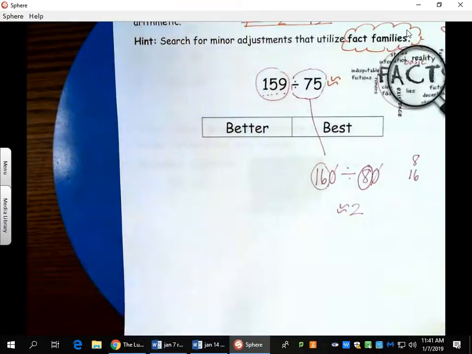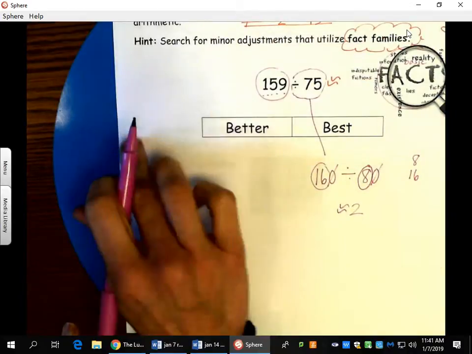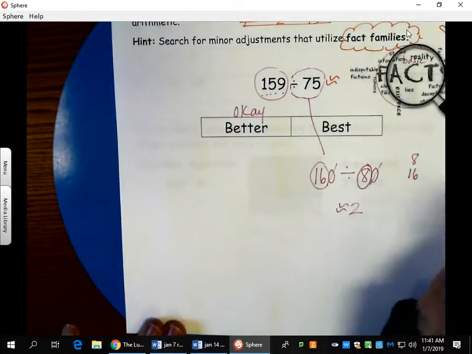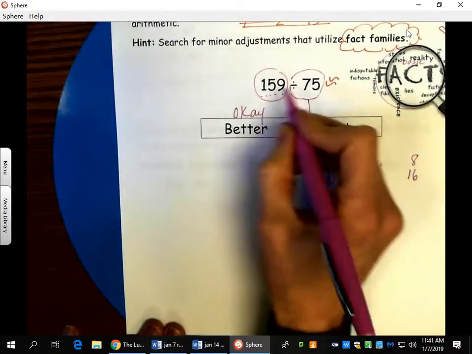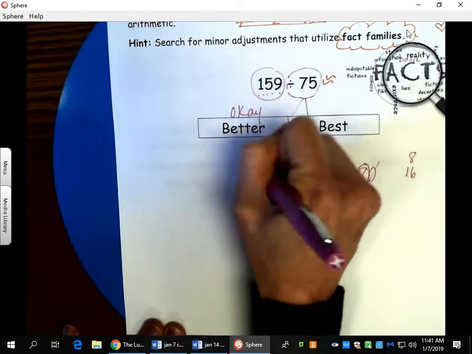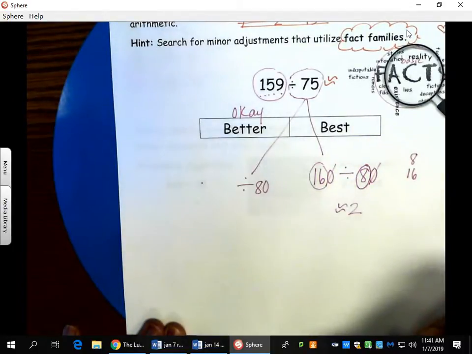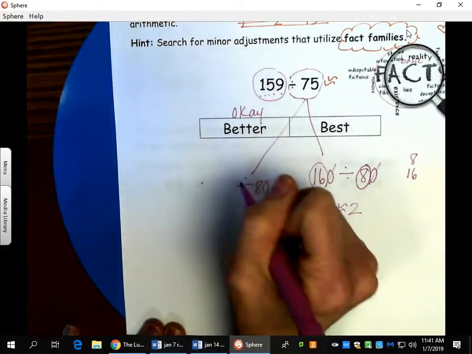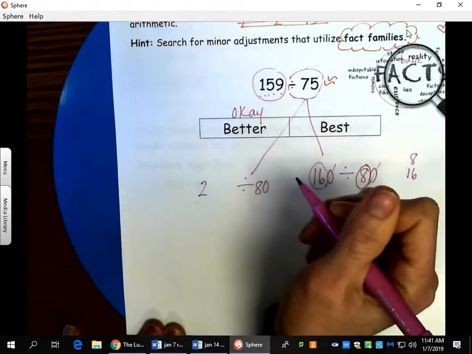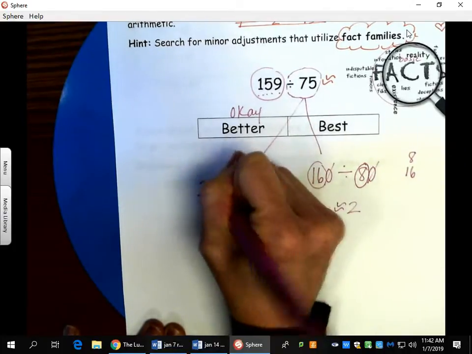I want you to look at a decent estimate. I had good, better, best. It's decent. It's like an okay estimate. It's not perfect, it's not the best, but it's okay. You might say, what if I made that divided by 80, and I said, oh, I could do this.